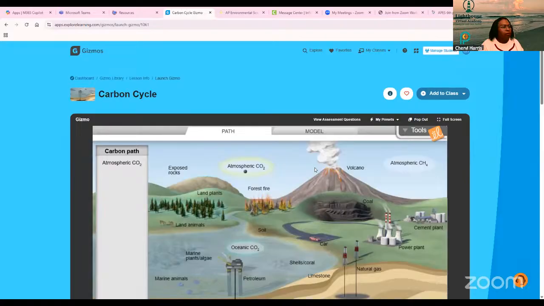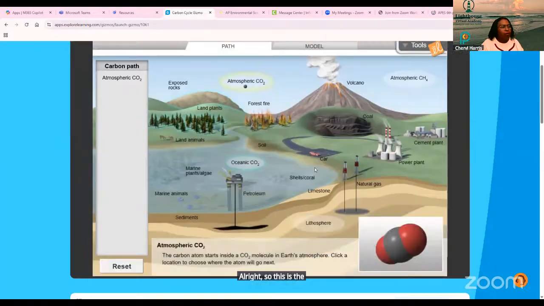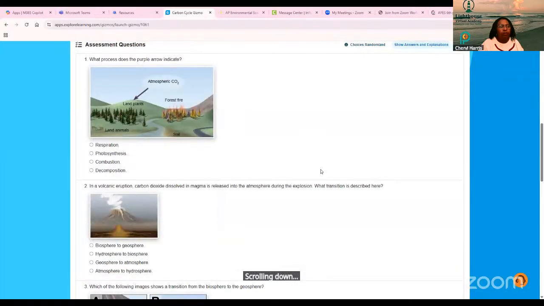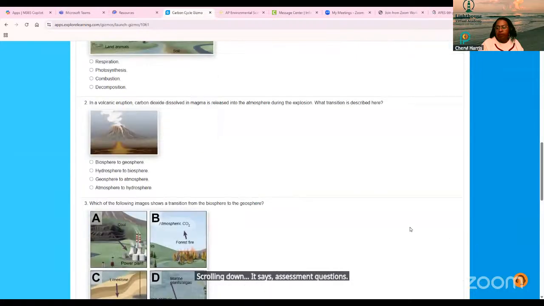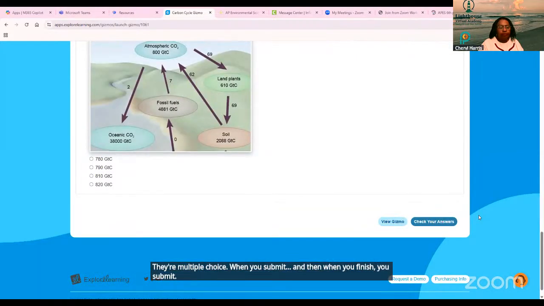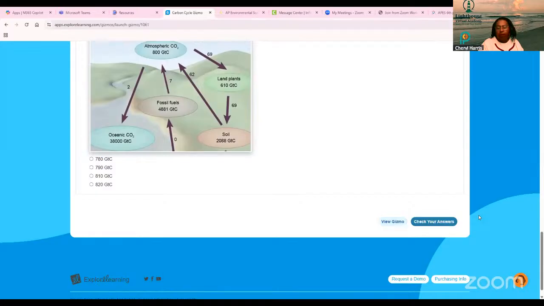So this is the activity. Right underneath it, if you keep scrolling down, it says assessment questions. They're multiple choice. When you finish, you submit. And it records it for me, so you don't have to send me the score. I will automatically see it in the Gizmo gradebook.